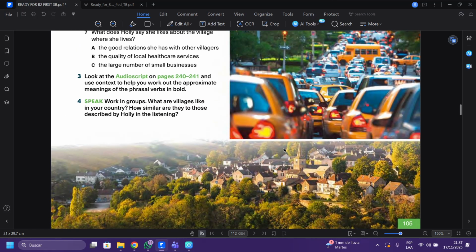So tell me, from your personal overview, what do you think is better, to live in a village or to live in a busy city?